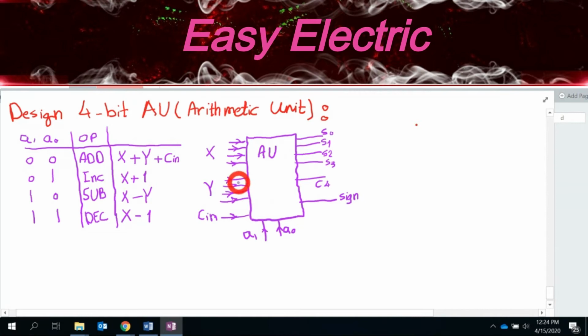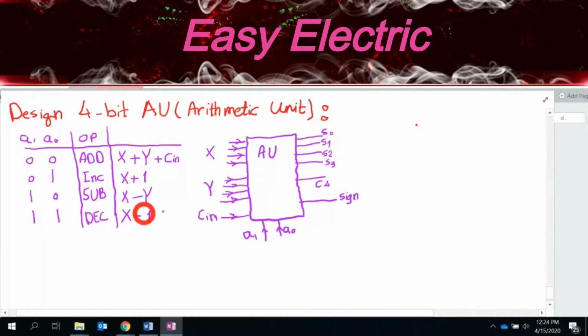I want to make a unit which, depending on what I give here, does these 4 functionalities for me: add two numbers, subtract two numbers, increment by 1 or decrement by 1. So this is what we want to design.